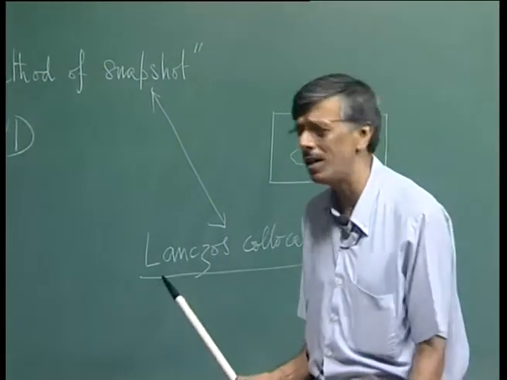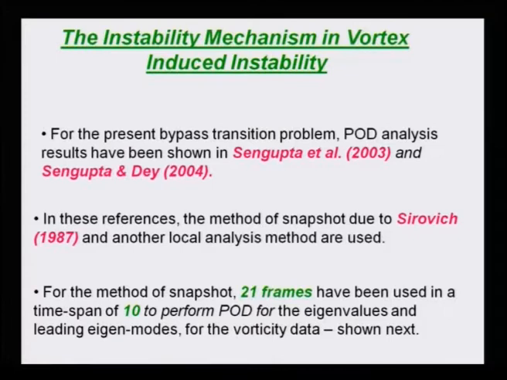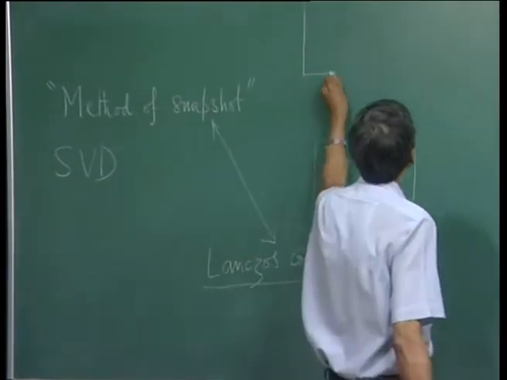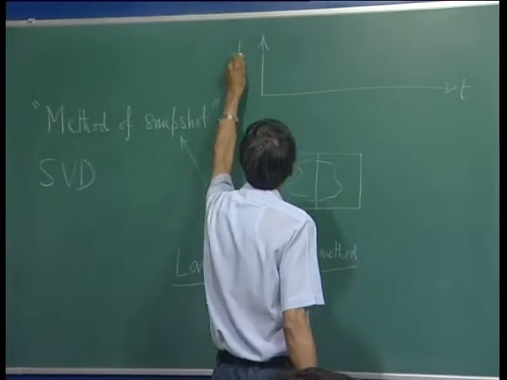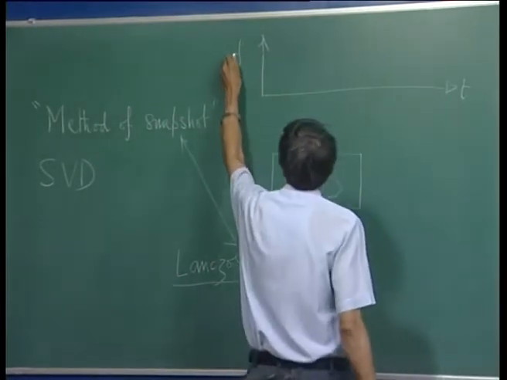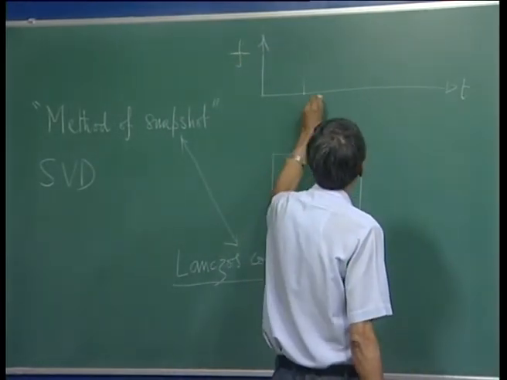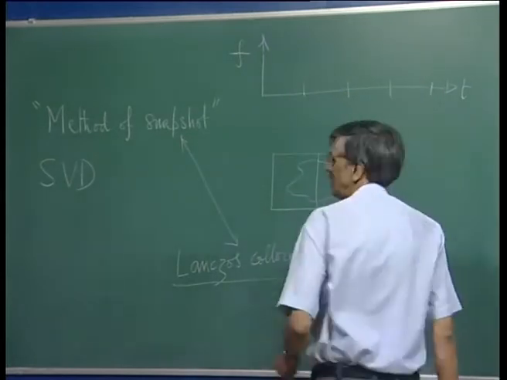Let us look at what we can do in studying vortex induced instability. What we do is basically we take the time series. So, if this is the time and we have some physical function, say f, and then we look at intervals of 10.